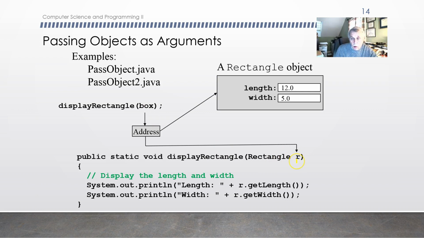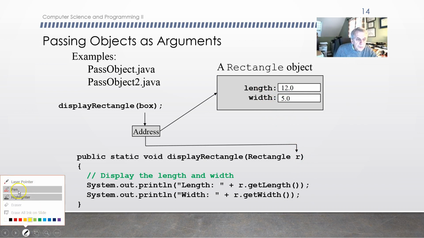R itself is a reference variable. Just like box would have been created as Rectangle box, r is created as Rectangle r. It can hold a pointer, an address. So this address that's currently in box gets copied into the storage that's allocated for r, and now r is also pointing to the same chunk of memory. That's what's pretty interesting about this.